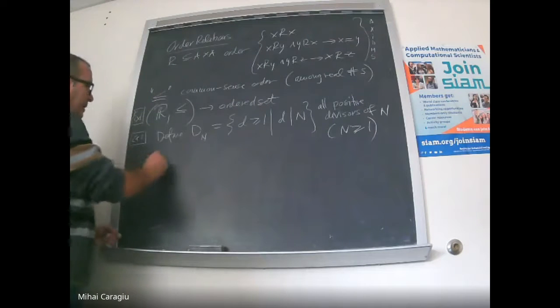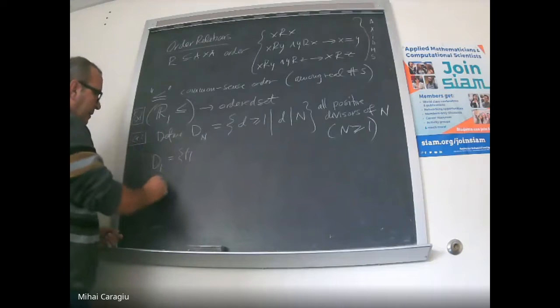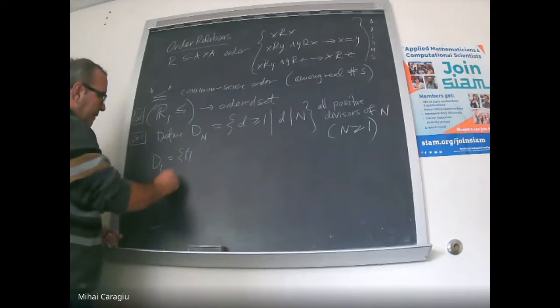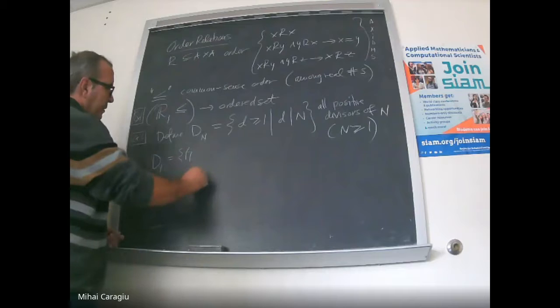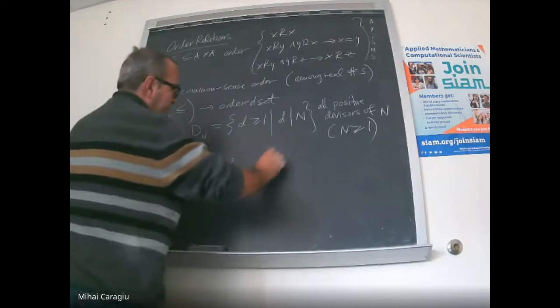For example, D sub 1 is the set consisting of 1 only. D sub 6 is the set consisting of 1, 2, 3, and 6. All positive divisors of 6.